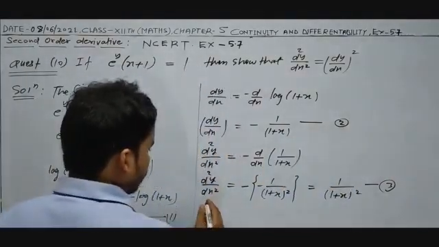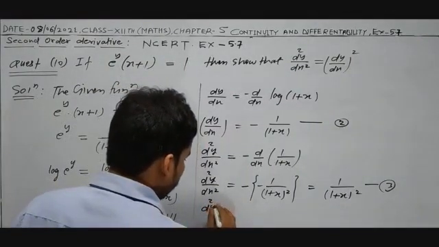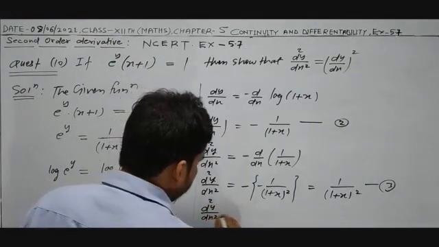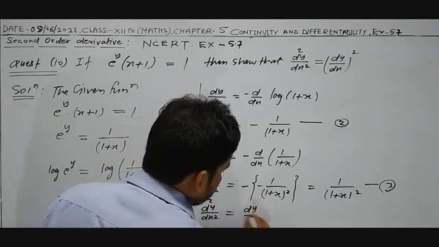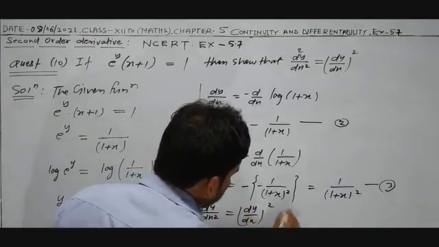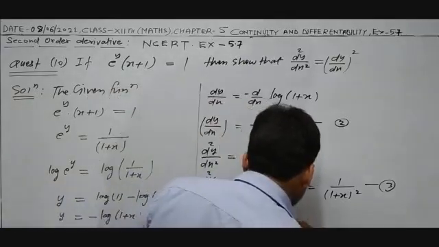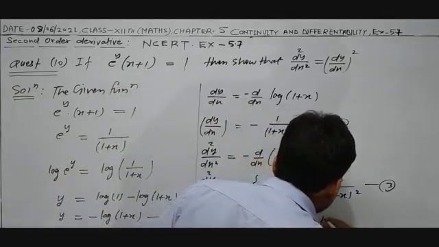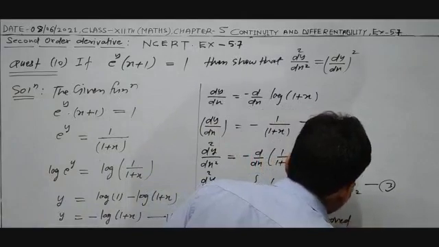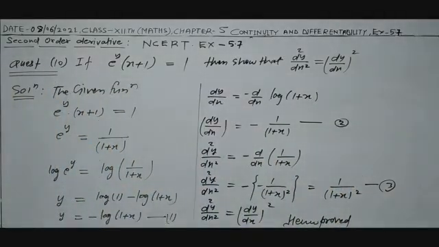So from equation 2 and 3, d2y by dx2 is equal to dy by dx whole square. Hence proved.